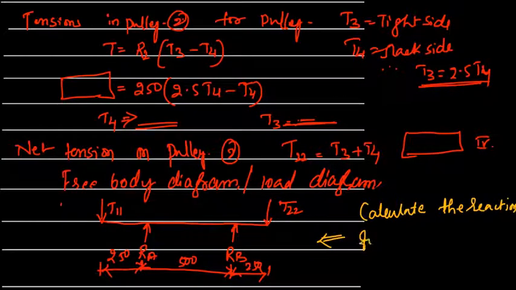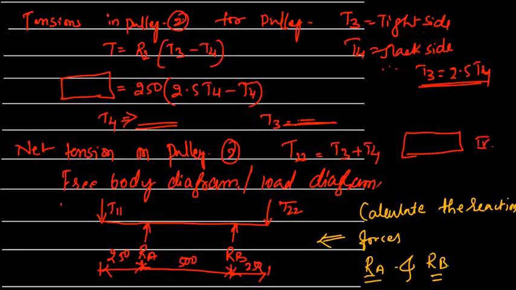You will get RA and RB. So use equilibrium equations, you are going to get the value of RA and RB.